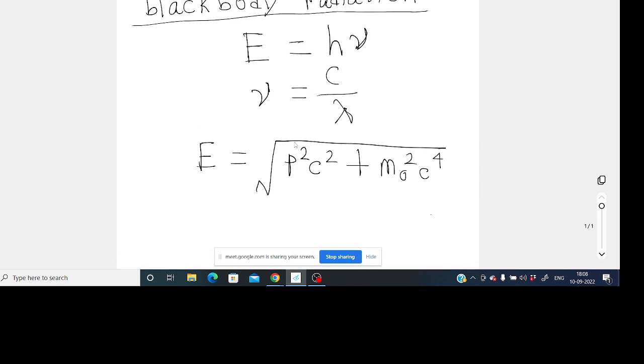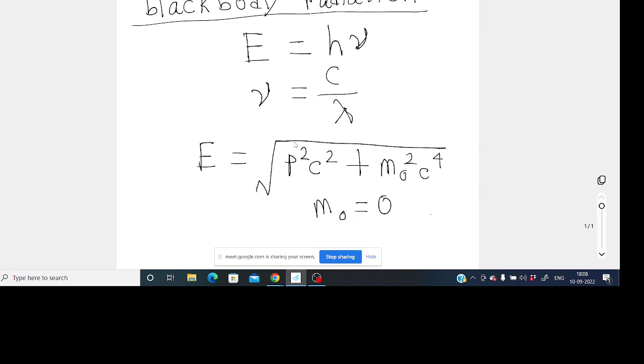Now can anyone tell me, this mass is called m0, the rest mass. Here we are considering the energy of a photon. So what is the rest mass of a photon? 0. Right, it is 0.